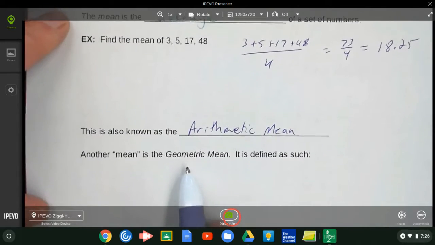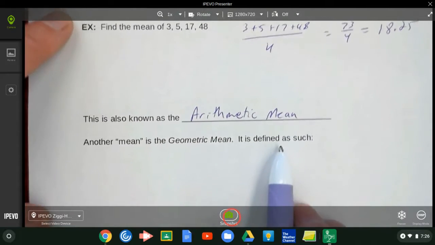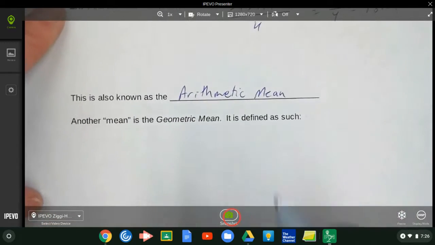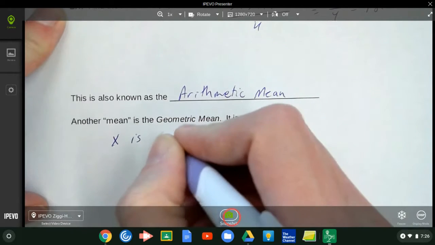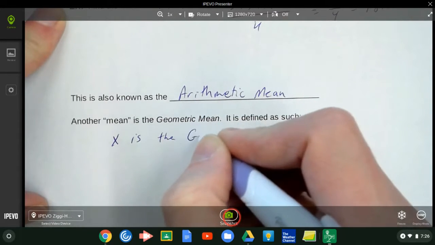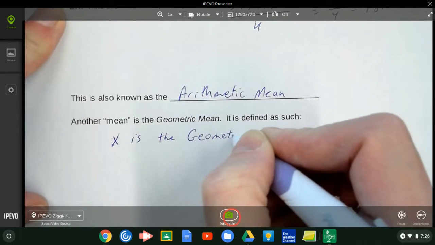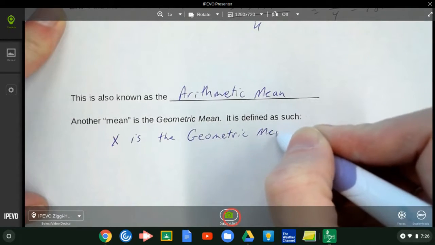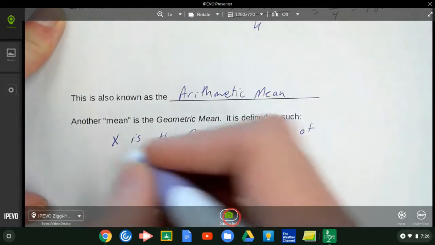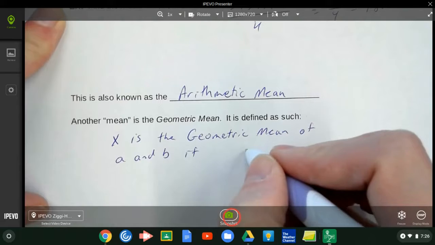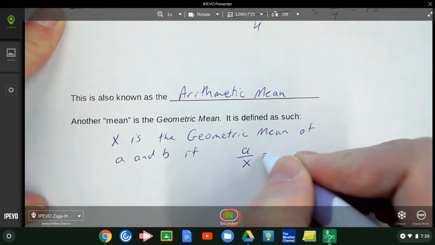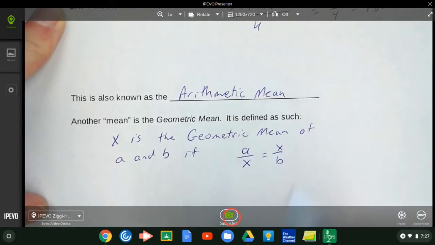There's also something called the geometric mean. And the geometric mean is a little different. The geometric mean, x is the geometric mean of two numbers a and b if a over x equals x over b.